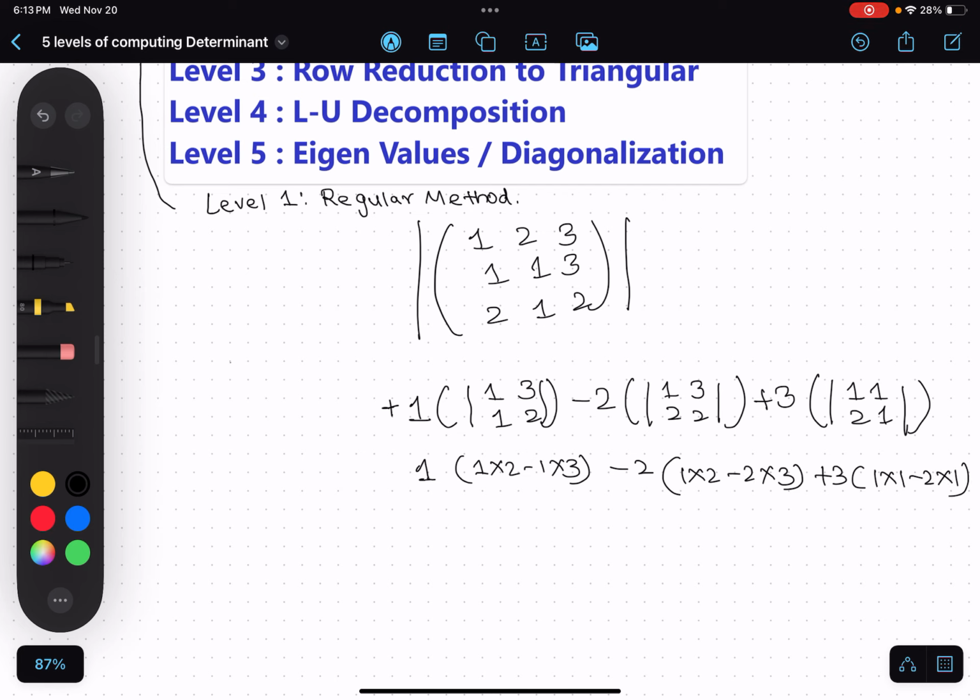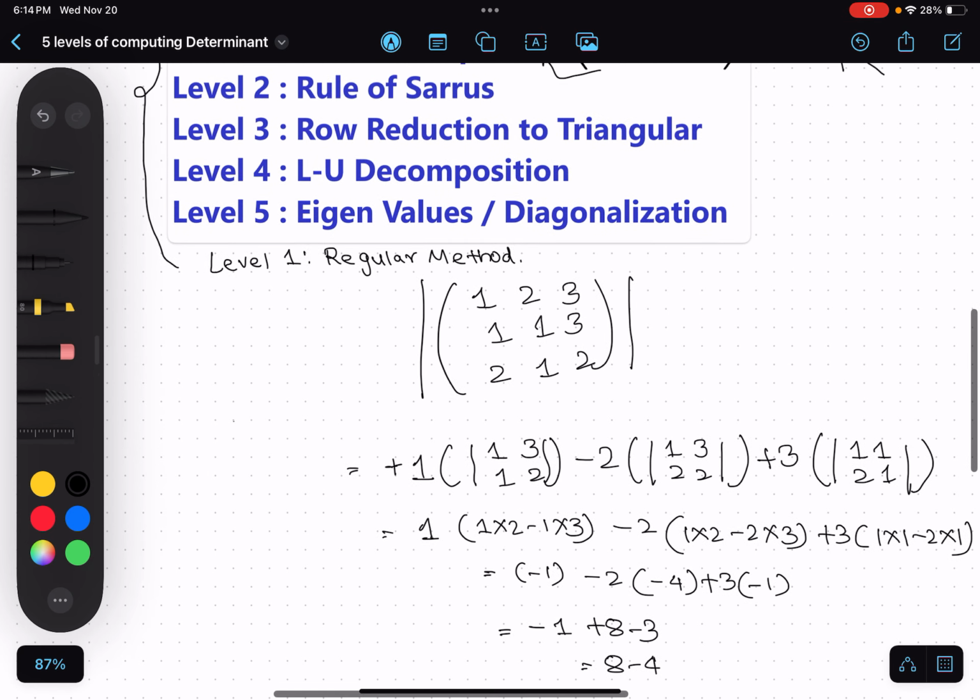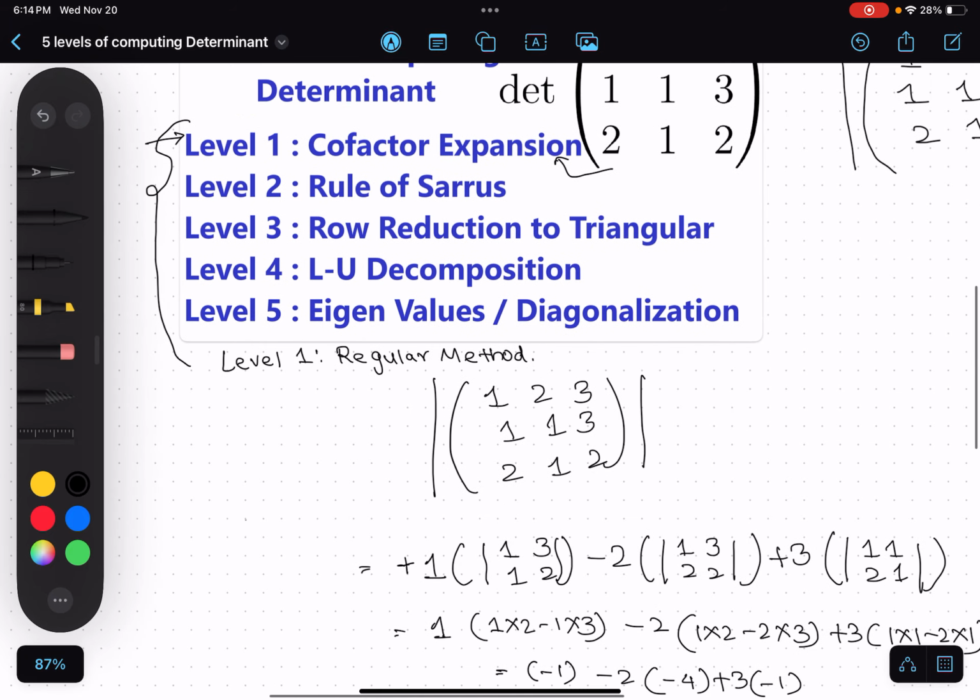Now 2 minus 3 is negative 1, minus 2 times 2 minus 6 is negative 4, plus 3 times 1 minus 2 is negative 1. So this is negative 1 plus 8, minus 3, so the determinant is 4. And this is how we find determinant using the regular method, that means the method where we expand it using the cofactor.